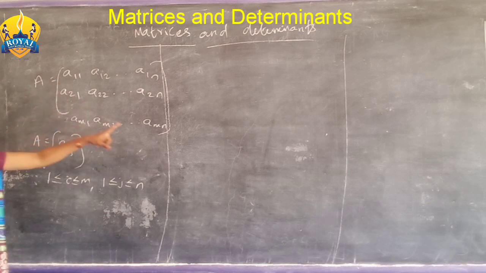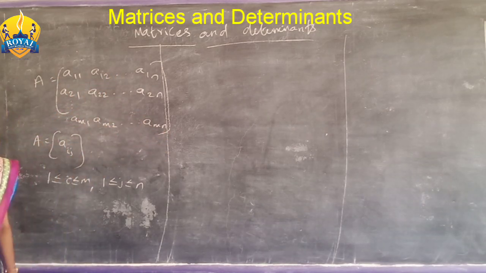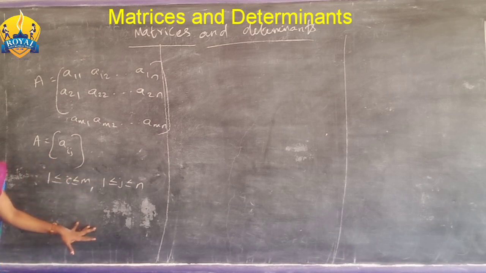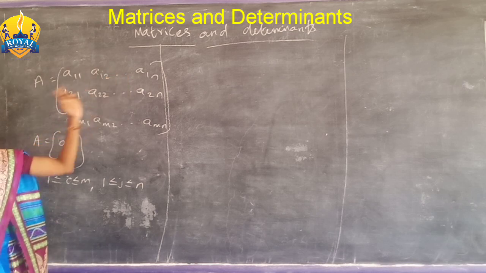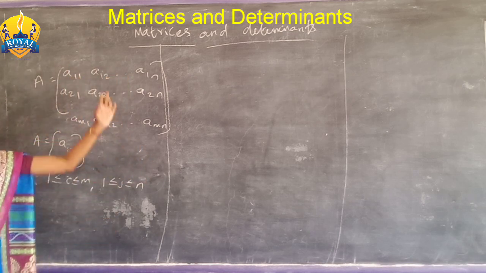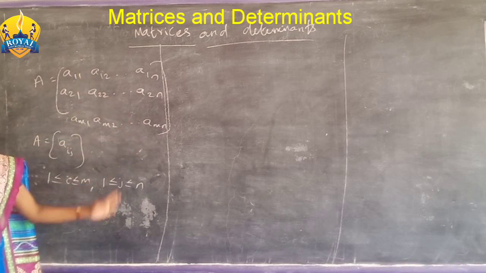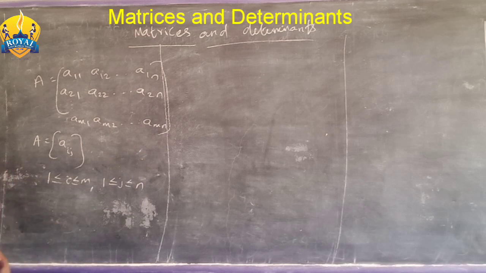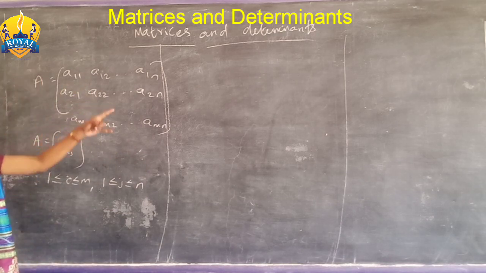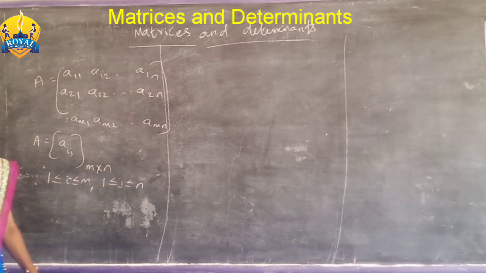The value of i goes up to m and the value of j goes up to n. Now how to find the order? Here horizontal entries are called rows and vertical entries are called columns. Now here I have a matrix of order m cross n.